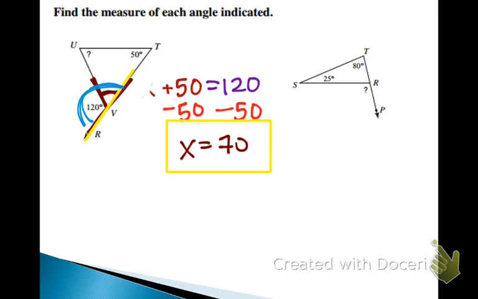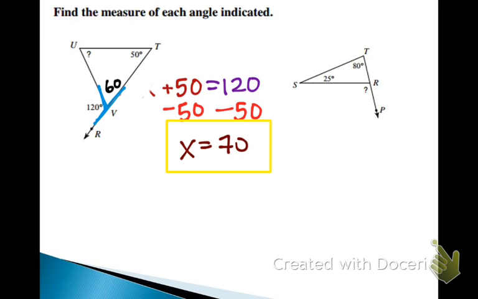Do we all agree? 180 degrees. So if that is the case, and we already have 120 degrees of the 180, how much is left for what's inside of the triangle? You're right, that would be 60, because 120 and 60 make 180.